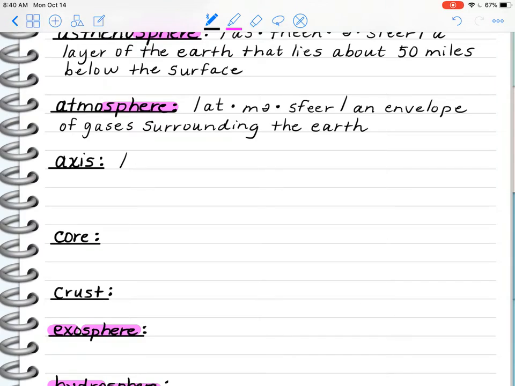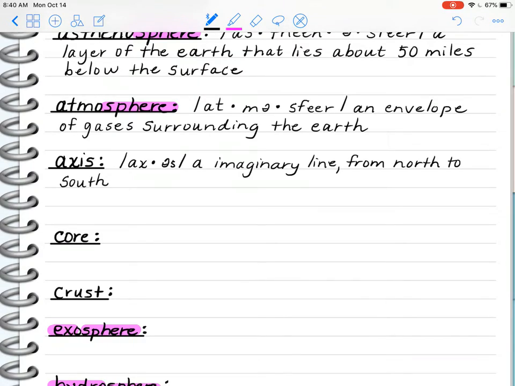Axis. Axis is an imaginary line from north to south through the center of the Earth.